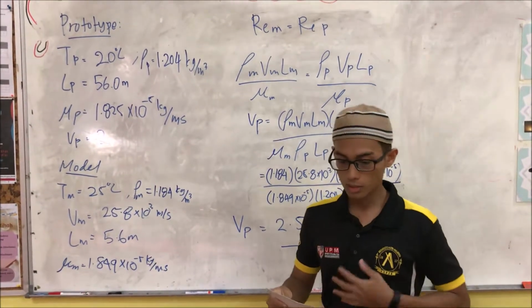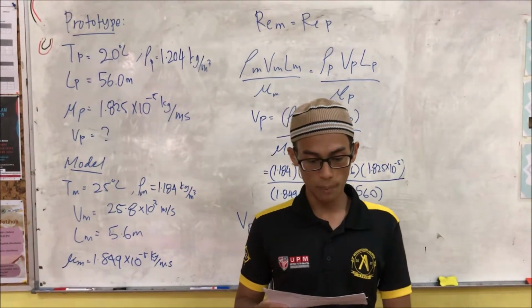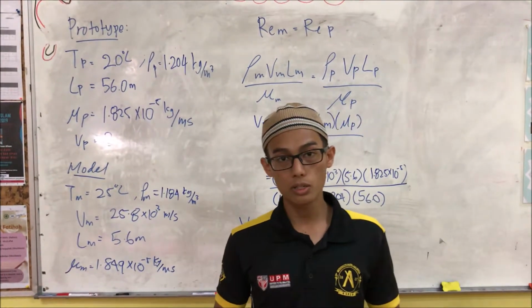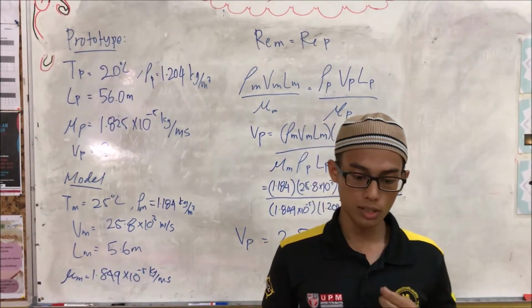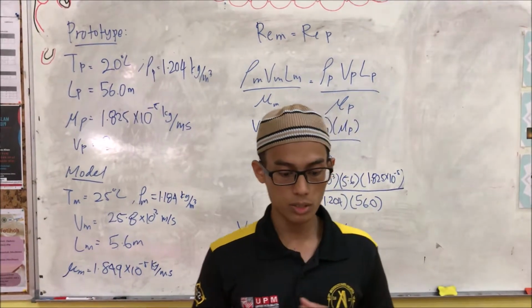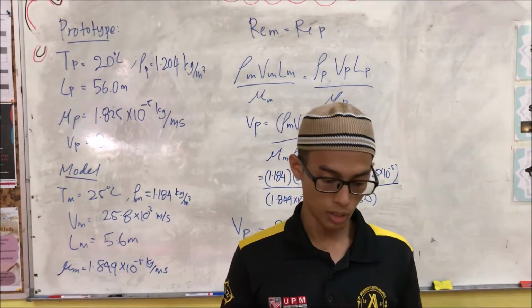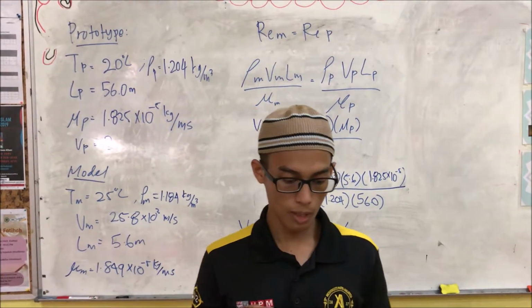Okay. So next, I will explain about the method of repeating variables. Okay. It is used to generate the non-dimensional parameters. So it is a step-by-step procedure or recipe for obtaining non-dimensional parameters. Okay. First step, we must list the parameters in the problem.